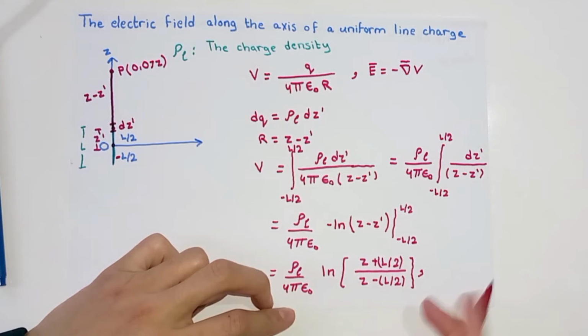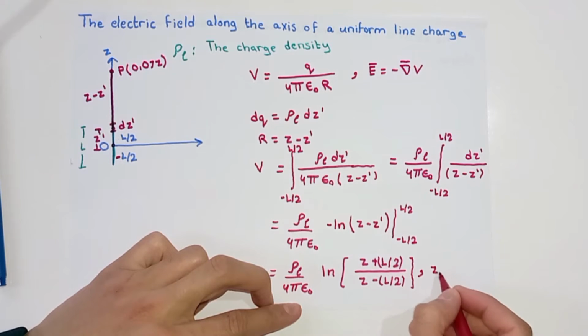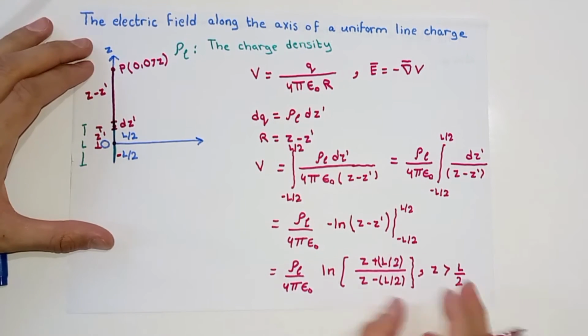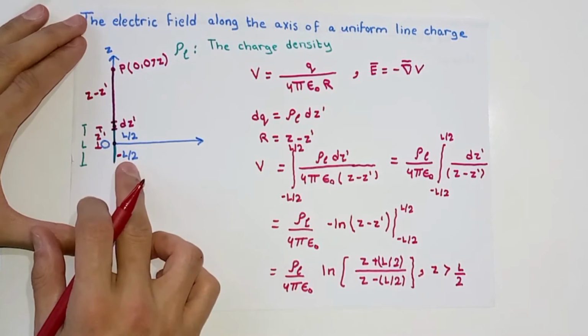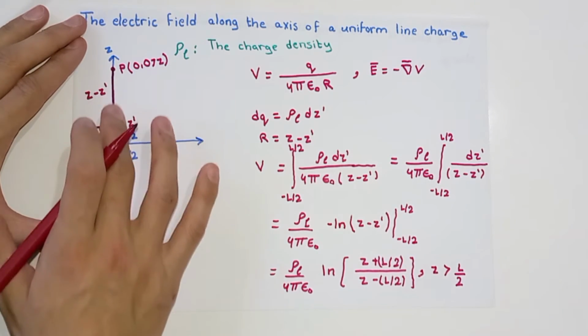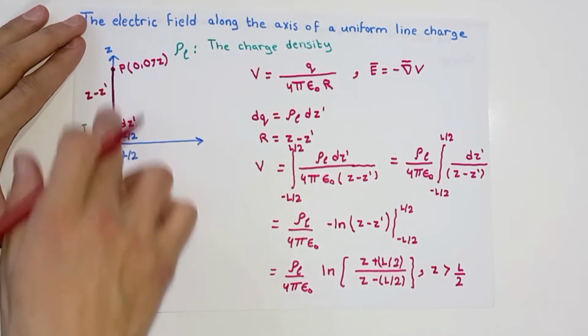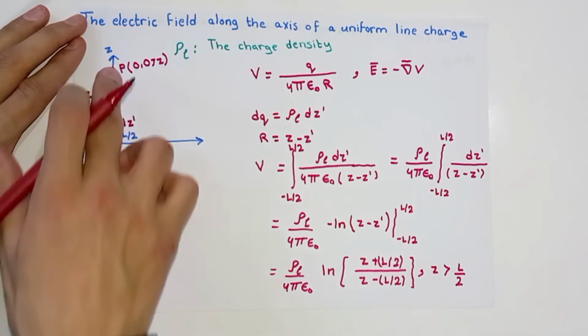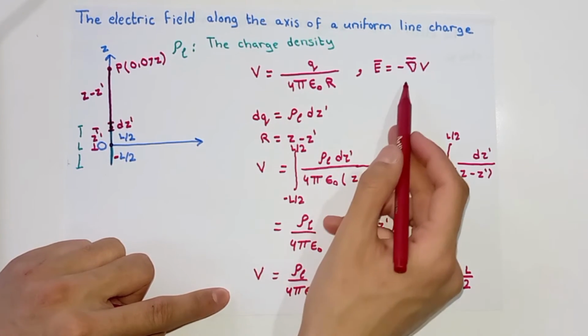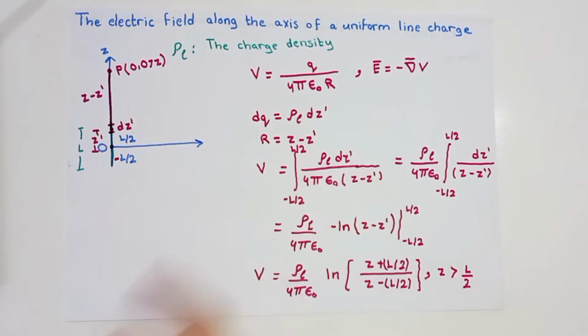This equation is only valid when z is greater than L over 2, in other words, when the point lies above the line charge. In order to find the electric potential below this line charge along the minus z axis, we would do the same operation, but we are not going to dive into this.